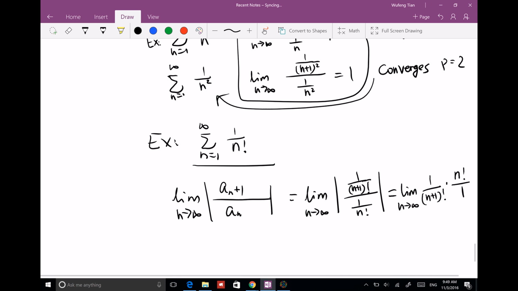Keep, change, flip. Then the n factorial and (n plus 1) factorial cancel out, and what remains? I want to ask a student, Zhijian, what do you think this is? What do you get in the end after simplifying everything?